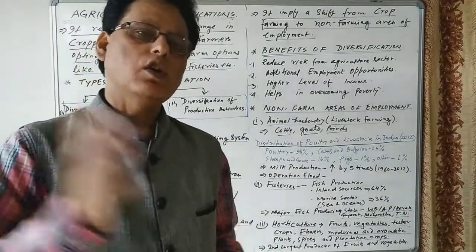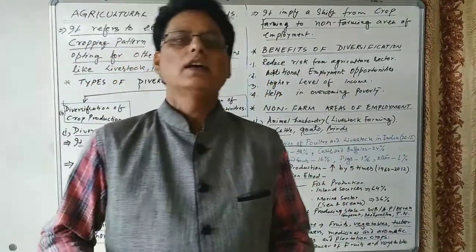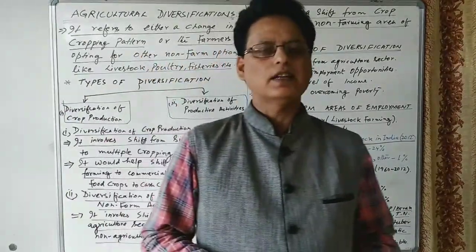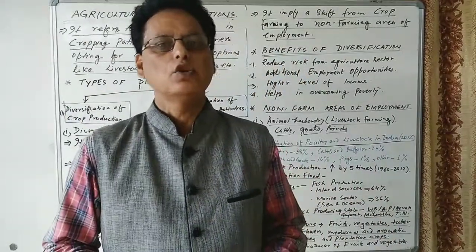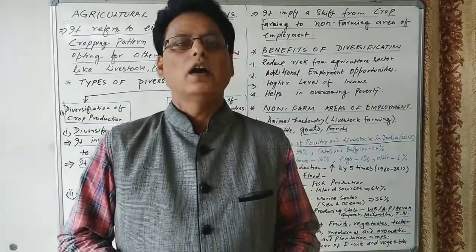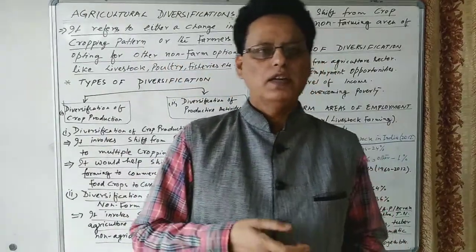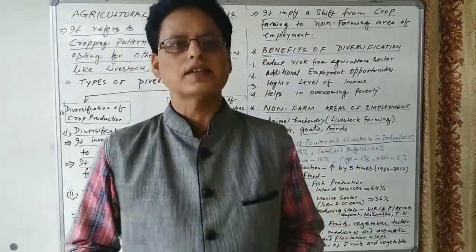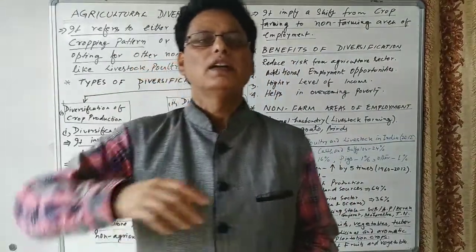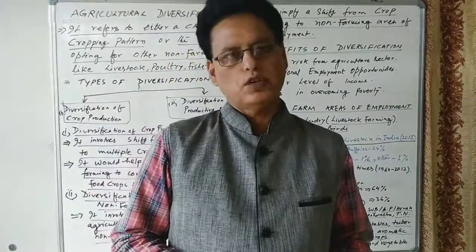We all know that agriculture is already overcrowded. The number of people engaged in the agriculture sector is more than required, and that is why we generally say there is disguised unemployment in the rural agriculture sector. Disguised unemployment means additional people do not contribute anything to the total production.